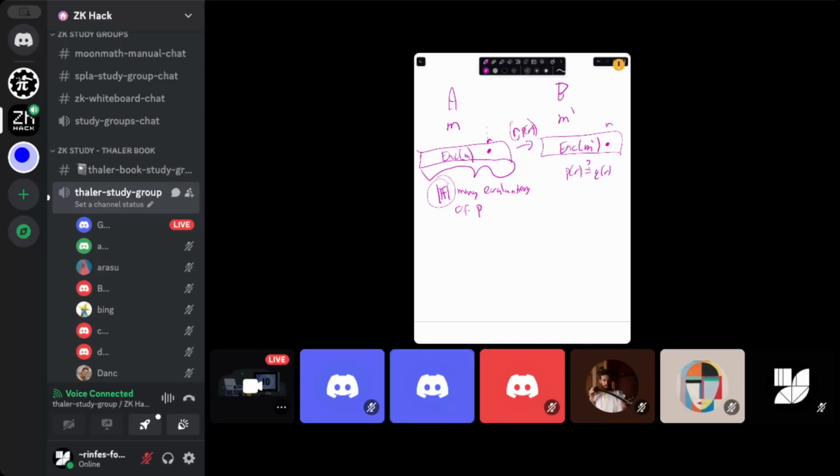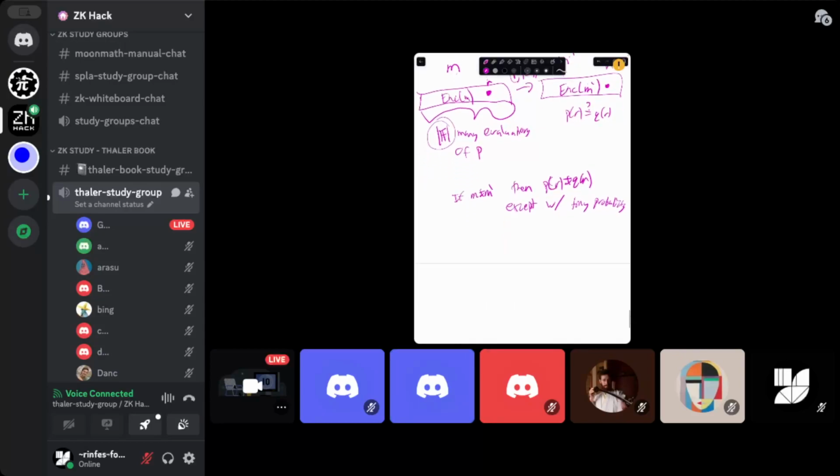The fact that if M does not equal M prime, then P of R does not equal Q of R, except with tiny probability, is equivalent to the fact that the Reed-Solomon code has really good distance. If M and M prime are not the same, then their encodings differ almost everywhere. And yet nobody is ever writing down the whole encoding of either M or M prime. They're only ever looking at a single entry of the encoding.